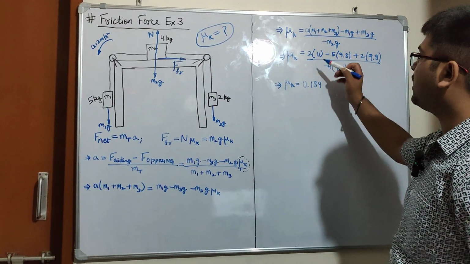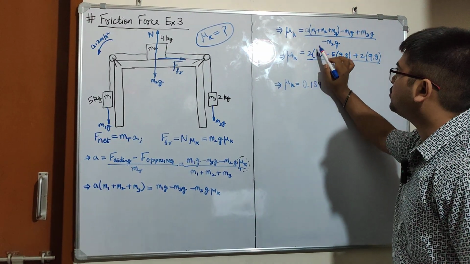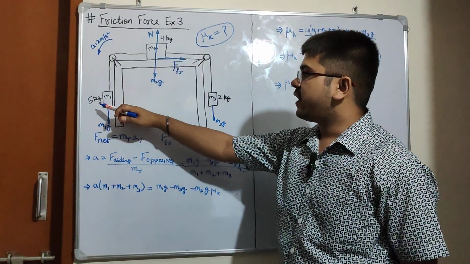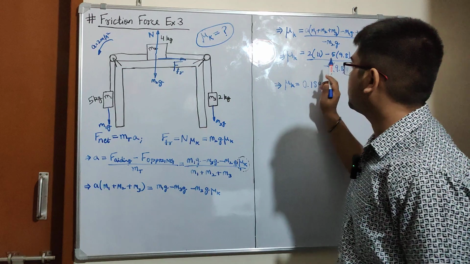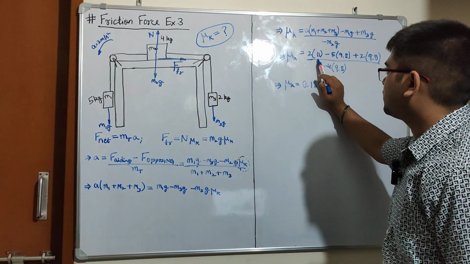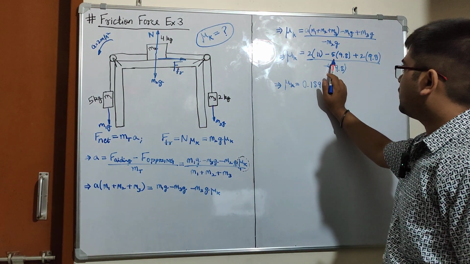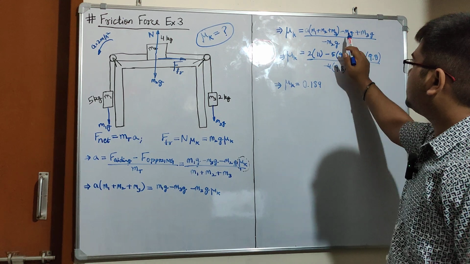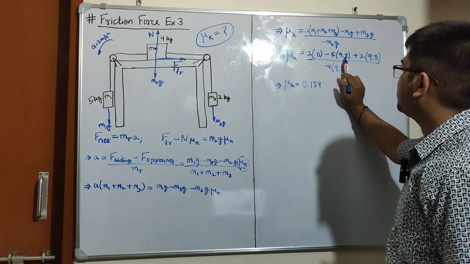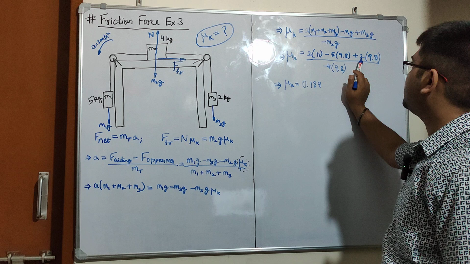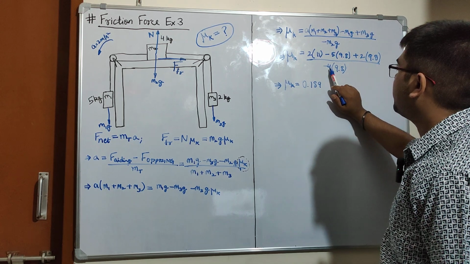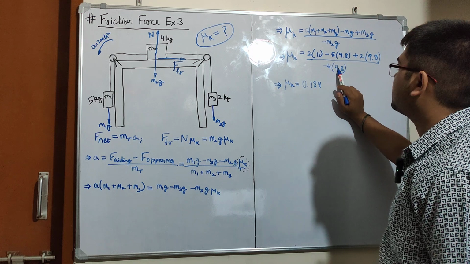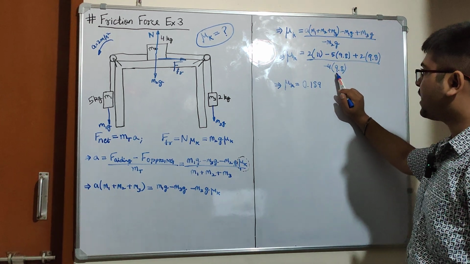Now we have put the values: acceleration A is equal to 2, m1 is 5 plus 4 is 9 plus 2 is 11, 11 is here. Then we have m1 is equal to 5 and g is 9.8, and m3g is 2 times 9.8, divided by minus m2, that is 4 times 9.8.